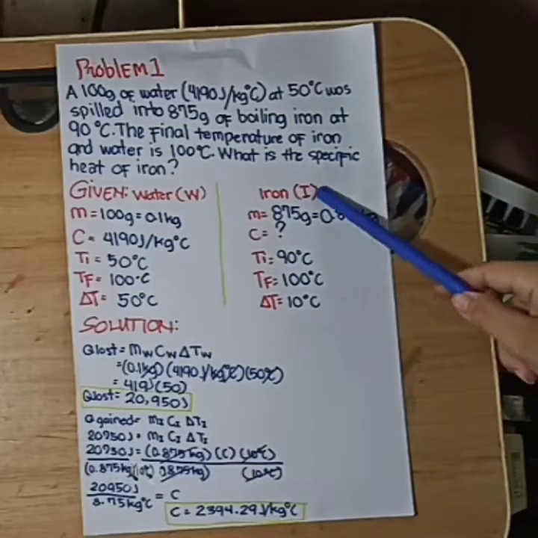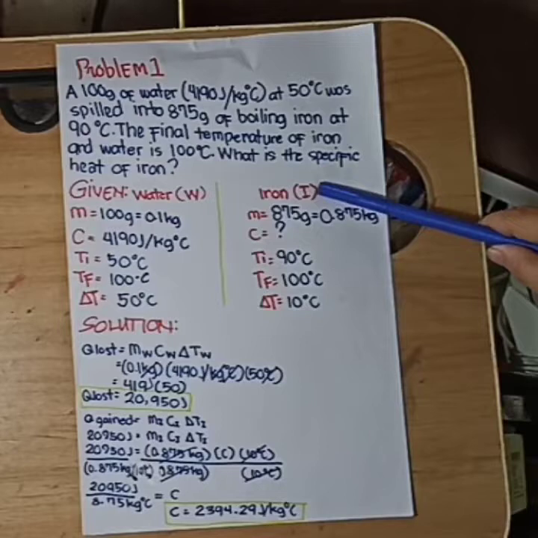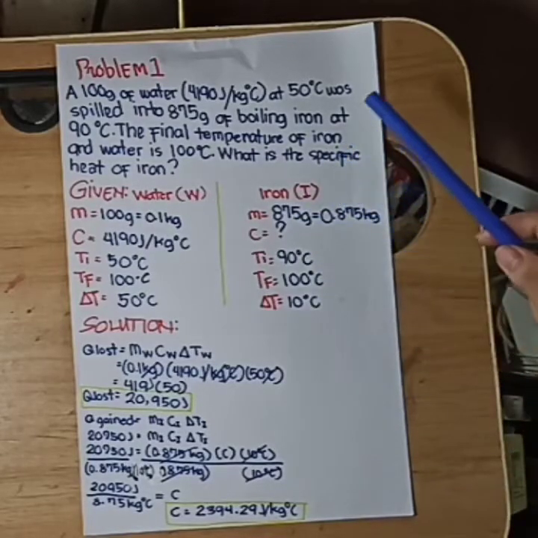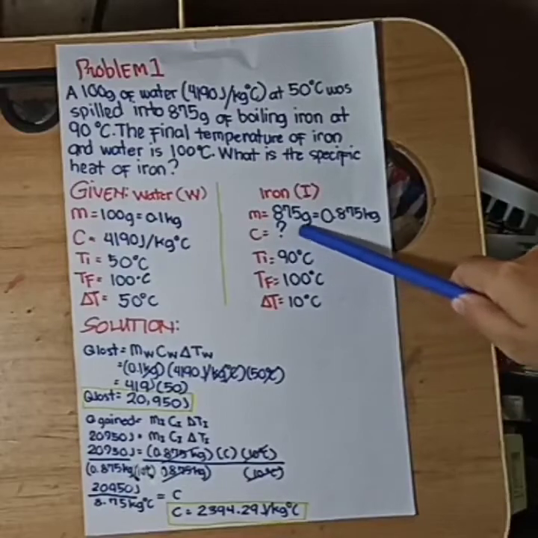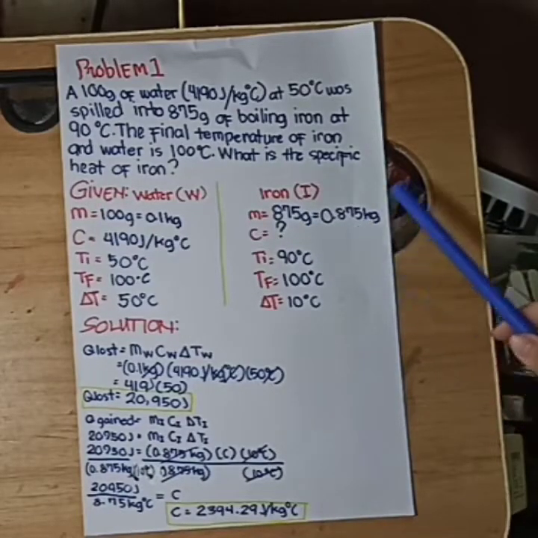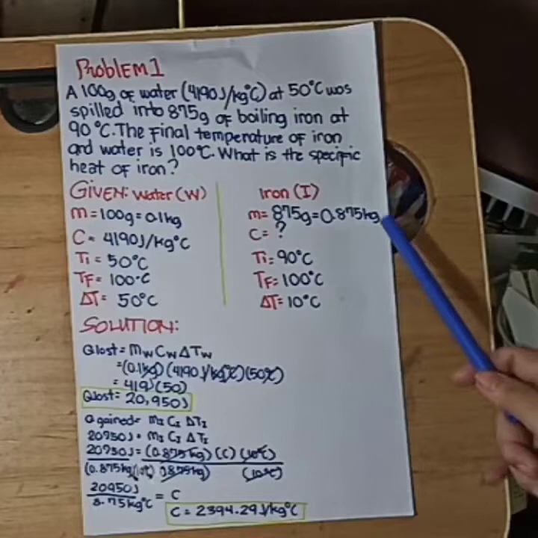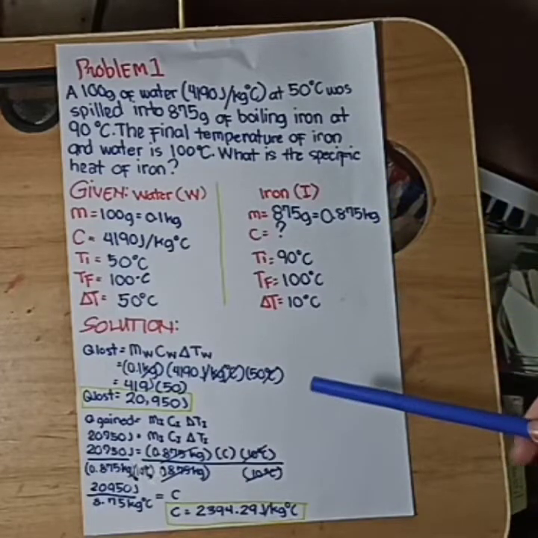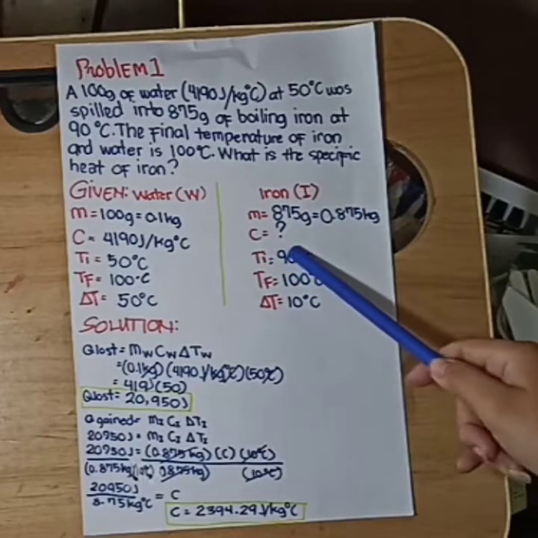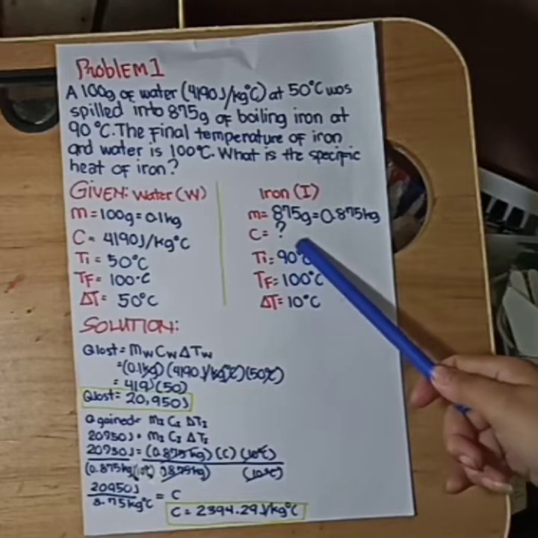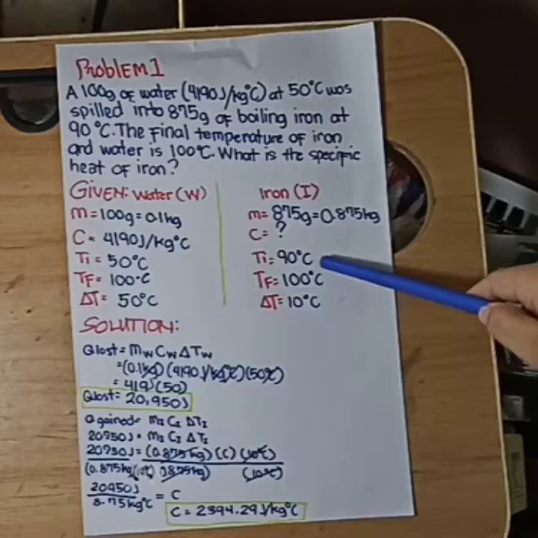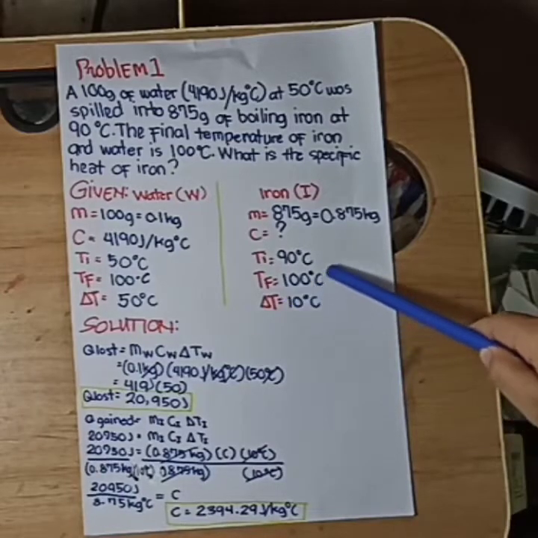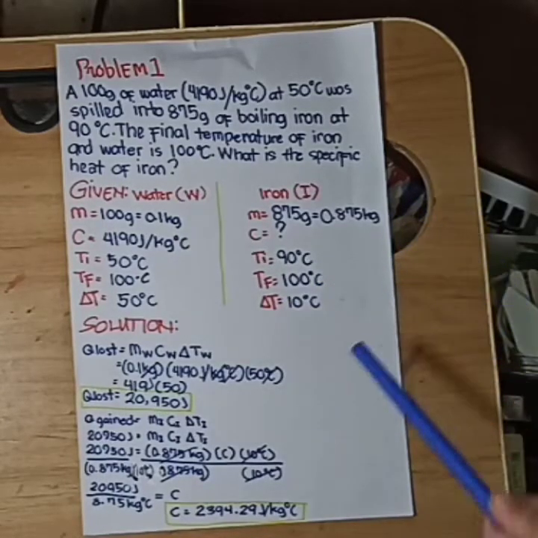For the iron, we put the initial I to denote iron. The mass is 875 grams, and we converted it into kilograms, which is 0.875 kilograms. The specific heat is missing, so we just put a question mark. The initial temperature is 90 degrees Celsius, and the final temperature is 100 degrees Celsius.